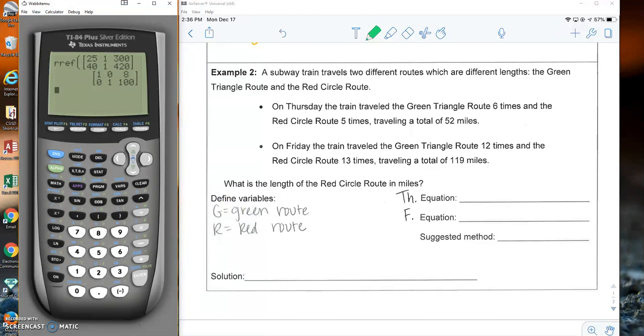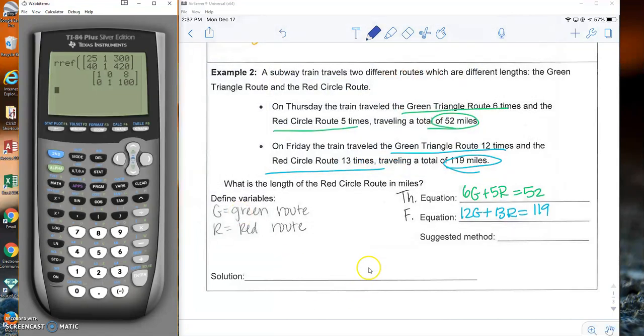So my Thursday equation, we have 6 green and 5 red for a total of 52 miles. Then I have green 12, red 13, total of 119 miles.